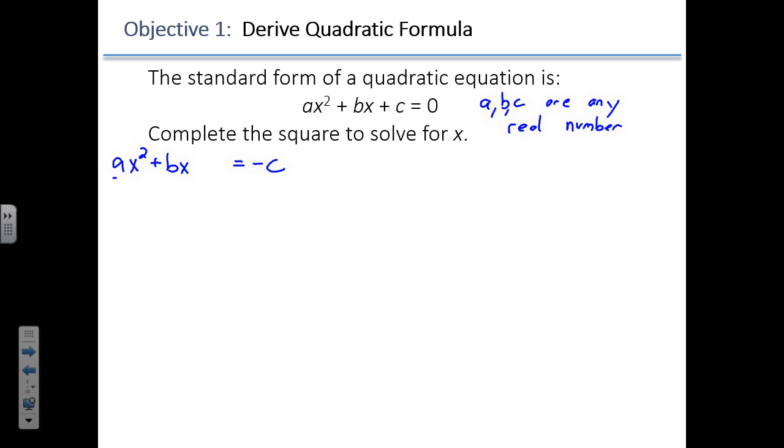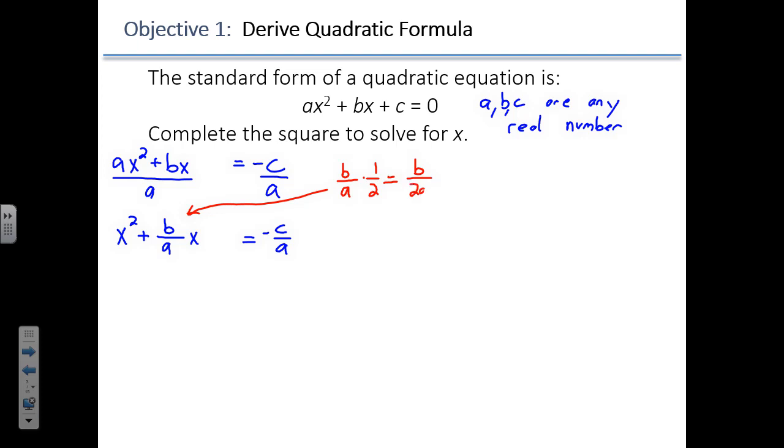Now let's divide both sides by a, and that gives us x squared plus b over a x equals negative c over a. Now we're ready to fill in the number that we need. Our coefficient on x here is b over a. If we take b over a and take half of that, we get b over 2a. So we're going to add b over 2a squared to both sides.